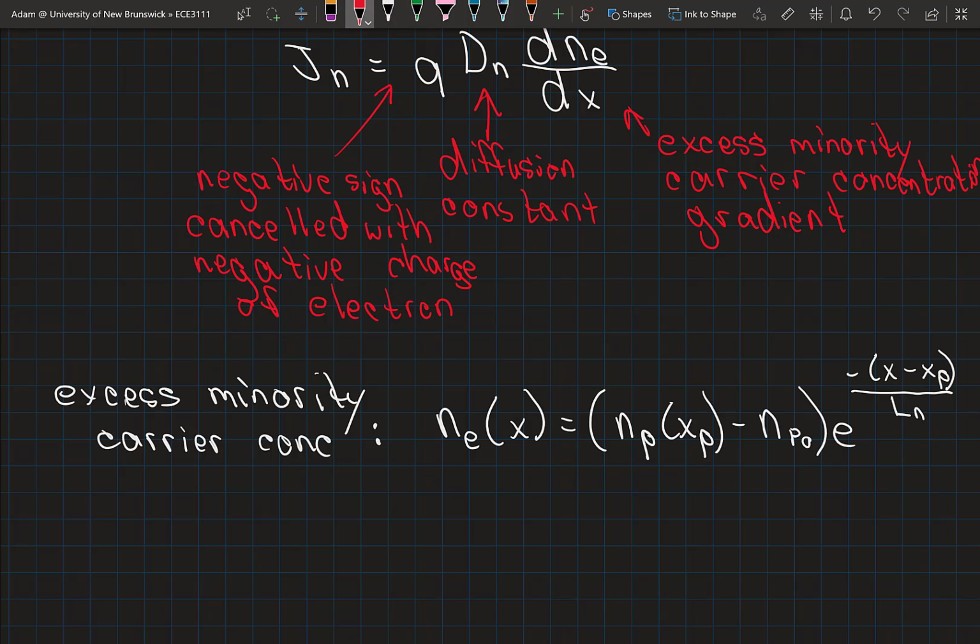Okay, so this exponential term is describing the decrease due to recombination.